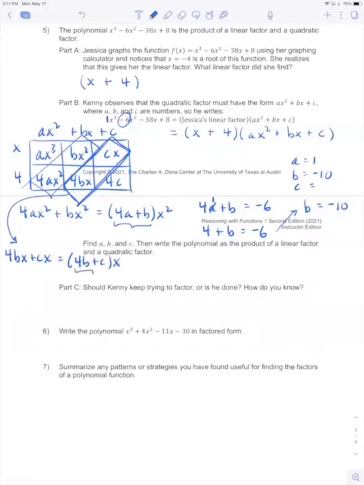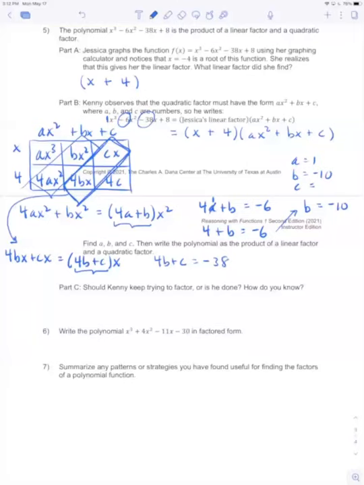And again, this piece right here, the 4b plus c, that has to be our linear coefficient, which we see here is -38. Let me write that so you can see the -38 better. There you go. So if I just write that here, we have 4b plus c is -38.